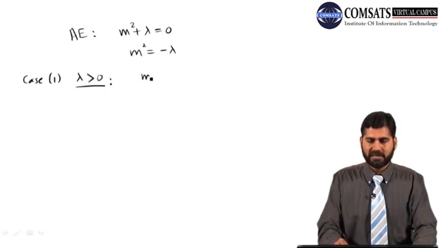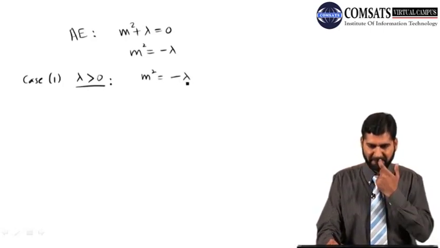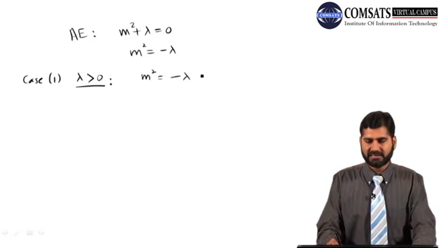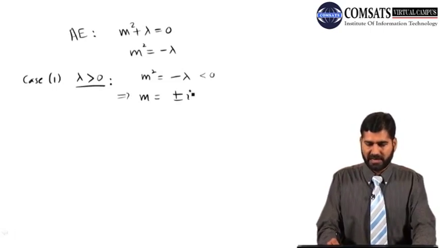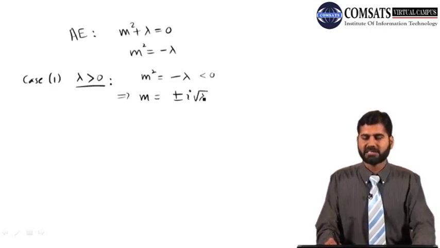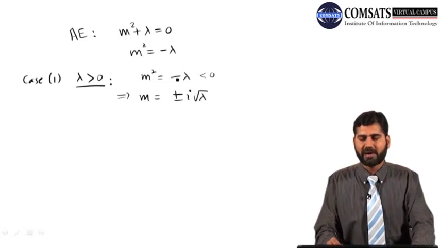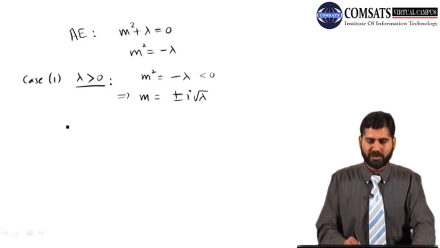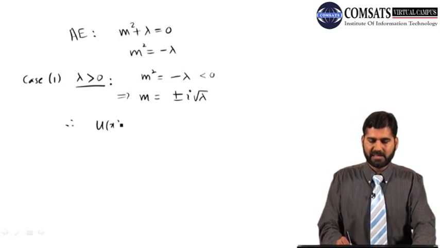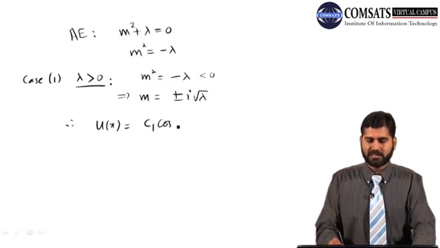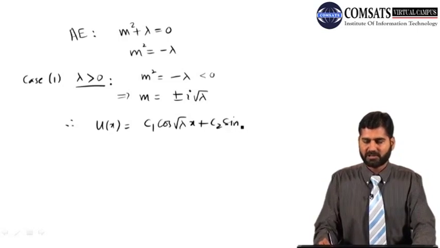If lambda is positive, then m square is equal to minus lambda, which is negative. It means your m is plus minus i square root of lambda, because lambda itself is positive, so the square root of lambda is defined and the minus will become i. Therefore, your u of x is c1 cosine square root of lambda x plus c2 sine square root of lambda x.